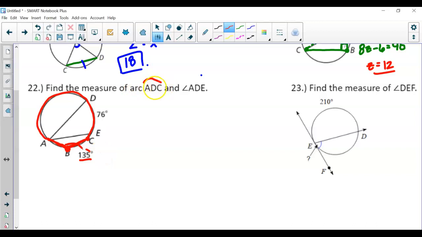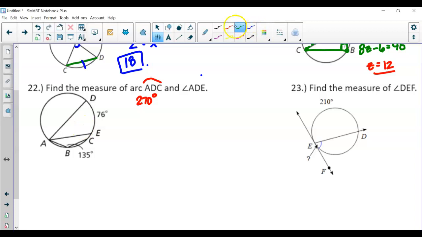So the measure of the arc ADC is 270 degrees. So again, so you guys can see here, this angle, the inscribed angle, 135 degrees. The endpoints, if you were to go around, create that arc ADC. So that's why we're able to double it and get 270 degrees.